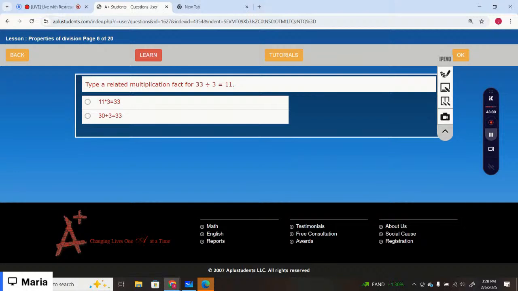That is 11 times 3 is 33. Option number 1 is the correct option. That is the division, that is the addition fact, right? Not multiplication. So option number 1 is the correct option. 11 times 3 is 33.